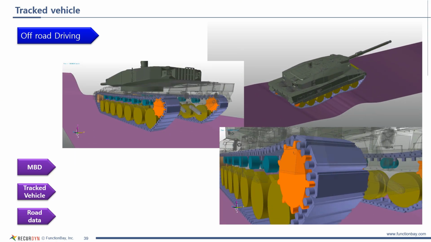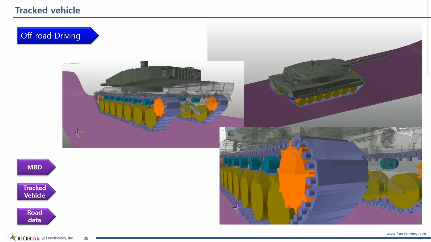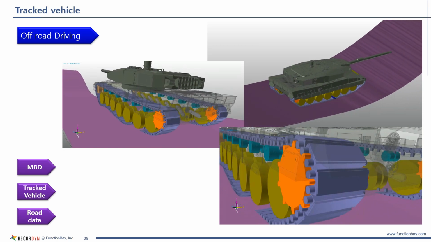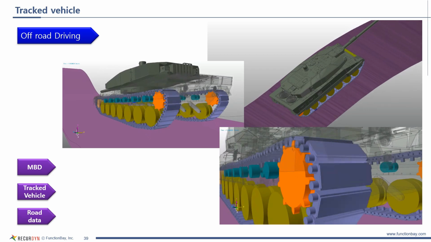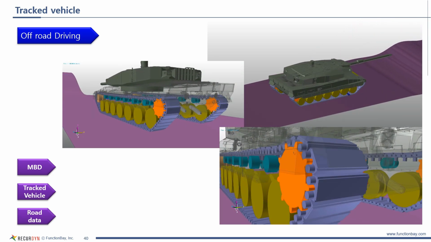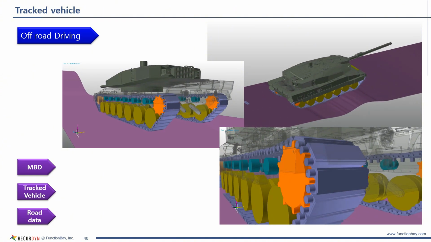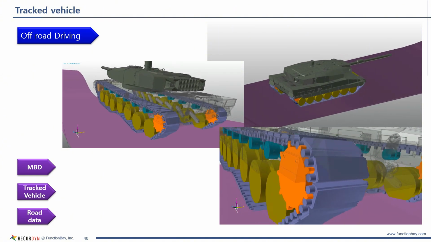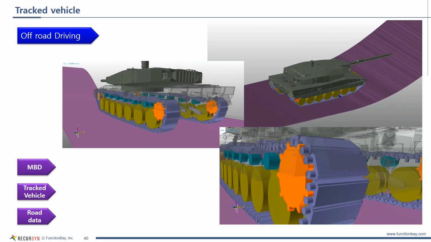An important aspect of operating tracked vehicles is ensuring the track maintains consistent tension during movement to prevent it from slipping off. We can study what should be considered to maintain this tension through a dynamic analysis model.